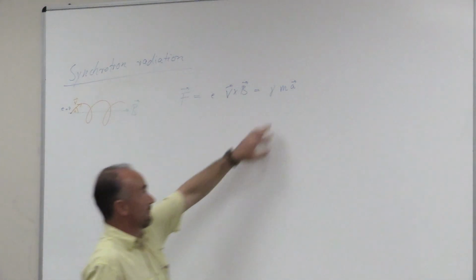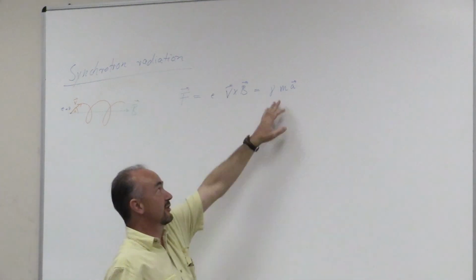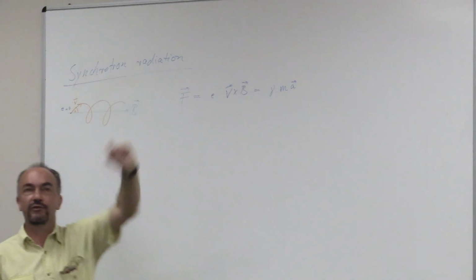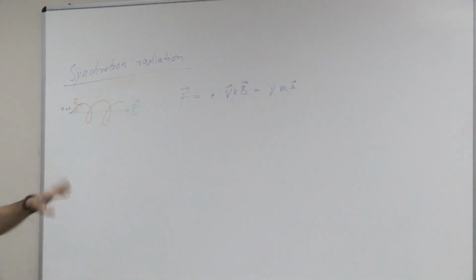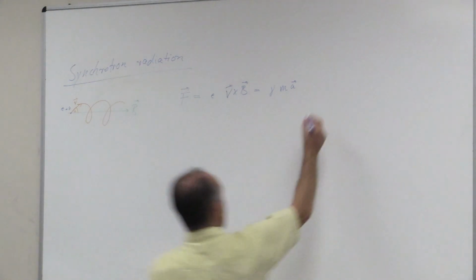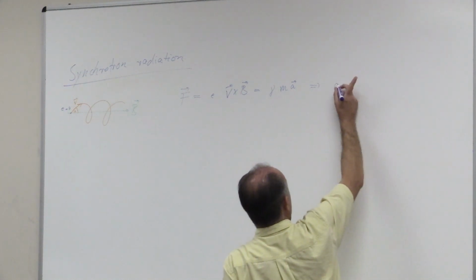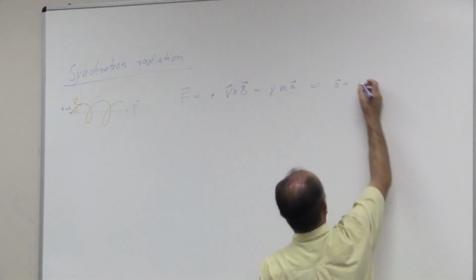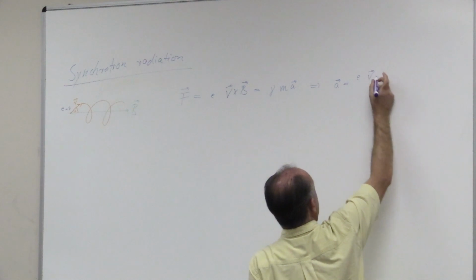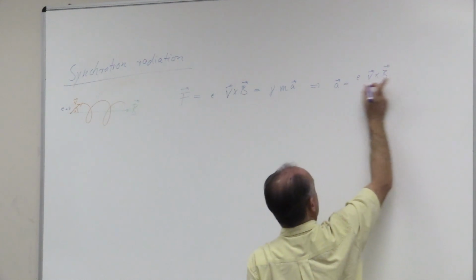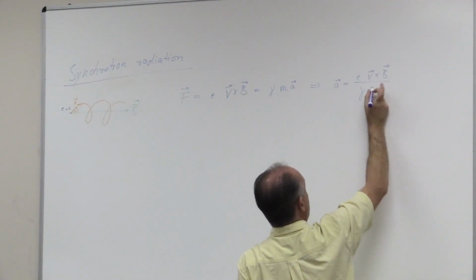It effectively means that the effective mass is increased as you move at a very large speed. But we will derive all that in the next few weeks. Let's just take that as a given for now. So that means our acceleration is e v cross B over gamma m, right?